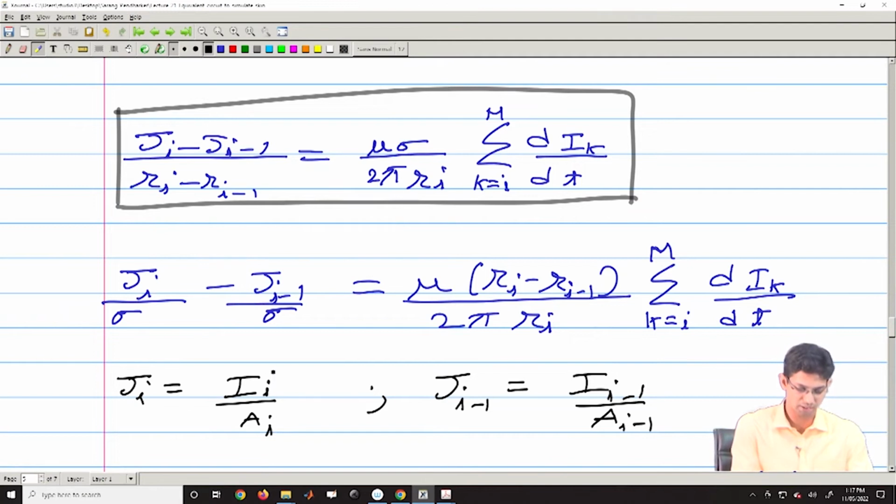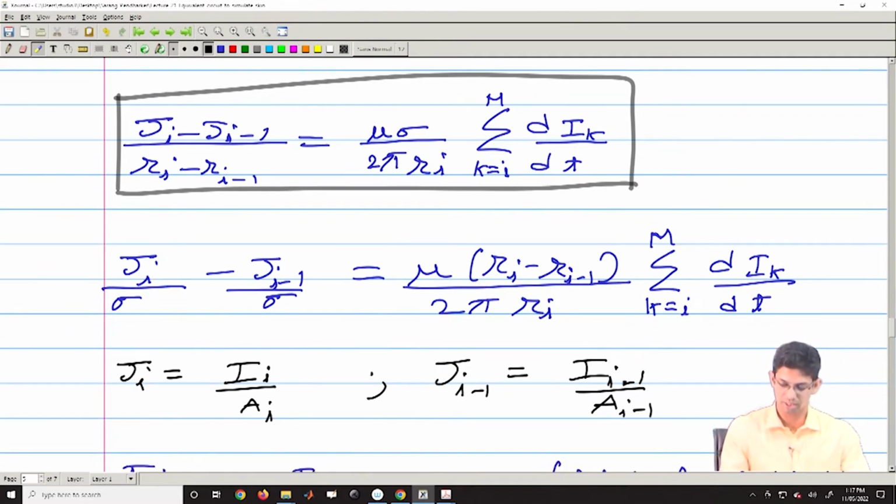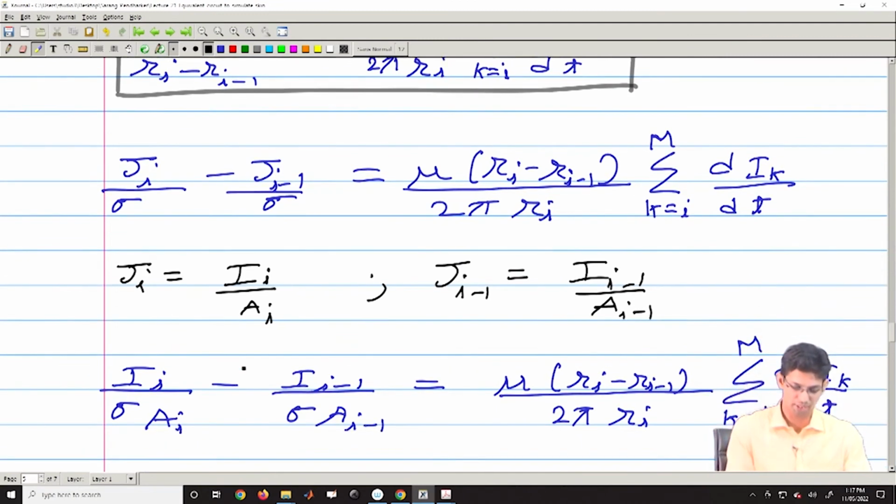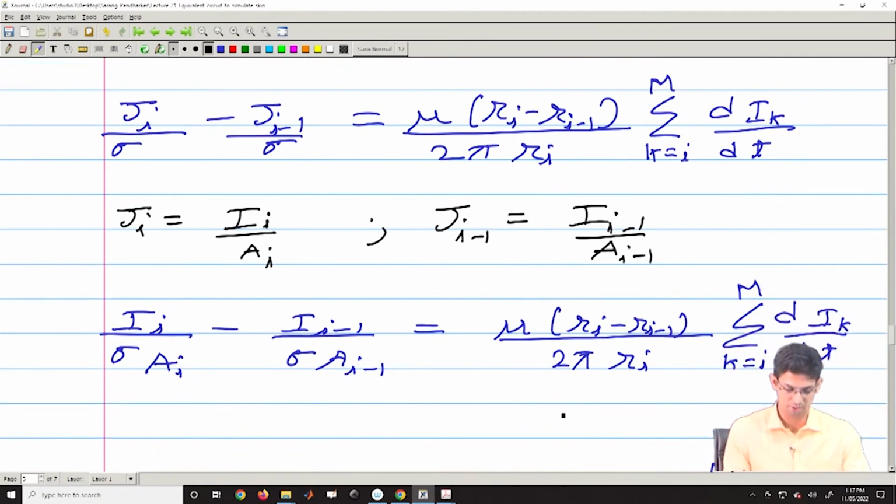Ji is Ii by Ai, and Ji minus 1 is Ii minus 1 divided by capital Ai minus 1. So, if I substitute that, I will have an equation like this. So, Ii divided by sigma Ai minus I subscript i minus 1 divided by sigma Ai minus 1, and on the RHS you have this term in here.